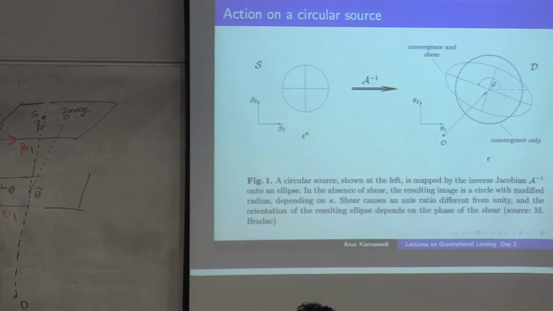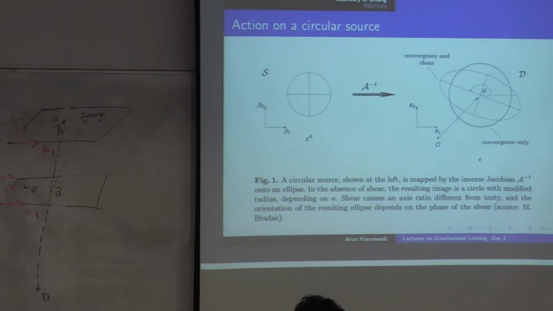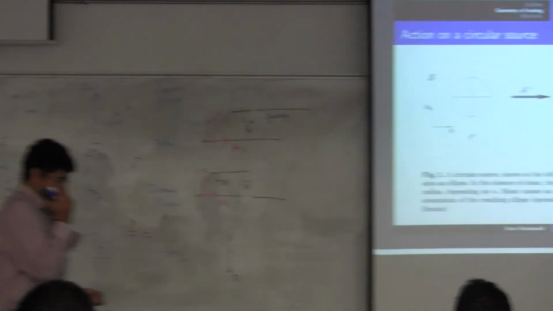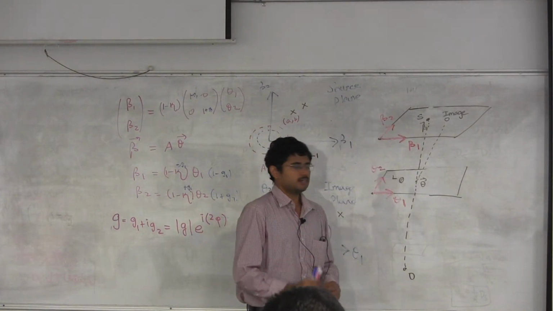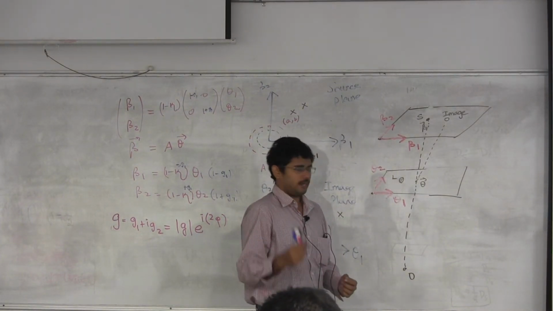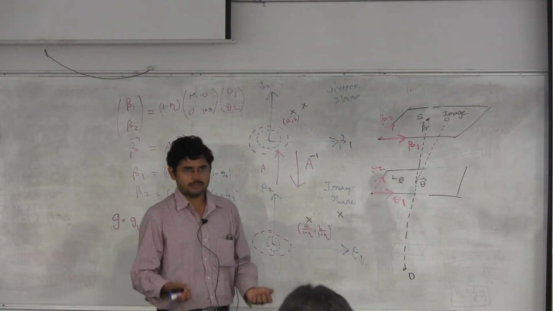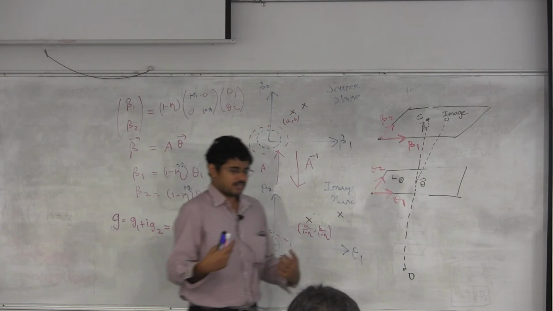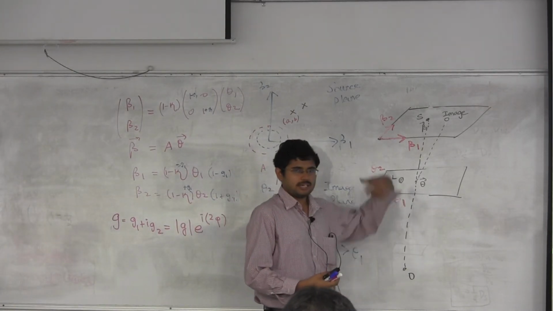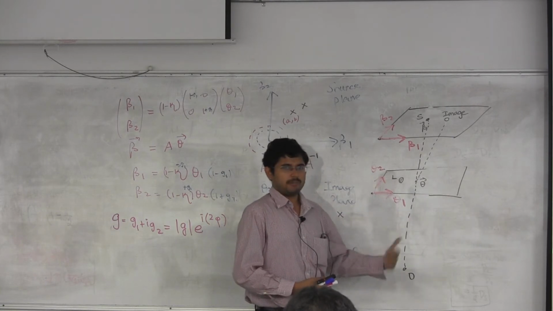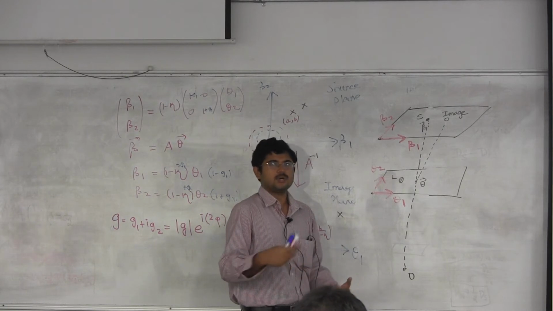So that's the geometrical meaning that we have for kappa, gamma 1 and gamma 2. And the way weak lensing works is to estimate this geometry from gamma 1 and gamma 2, or G1 and G2. Estimate kappa as a geometrical quantity itself, and then use the other way of defining kappa, which is the physical way, using mass density, and that's how we get mass.